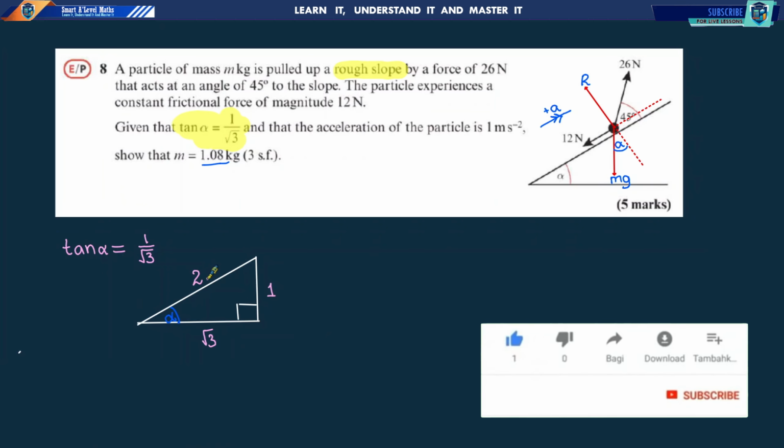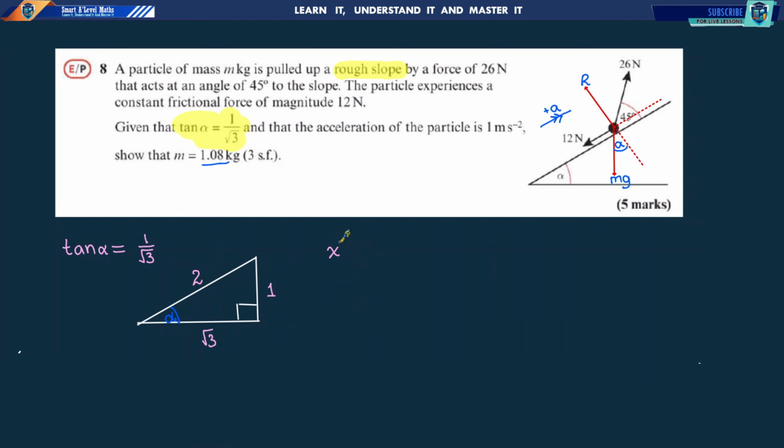In case you don't know how this 2 comes about, just let this side be any letter of your choice, say x, and this is squared. Since it's the hypotenuse, it will be the same as the sum of the squares of the remaining sides, and that is root 3 squared plus 1 squared. Removing the root sign, we have 3 plus 1, and this still gives us our x squared.